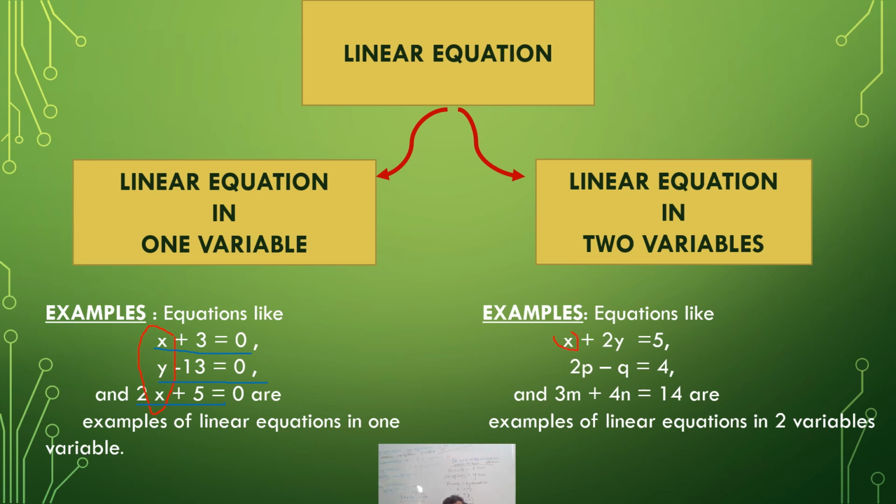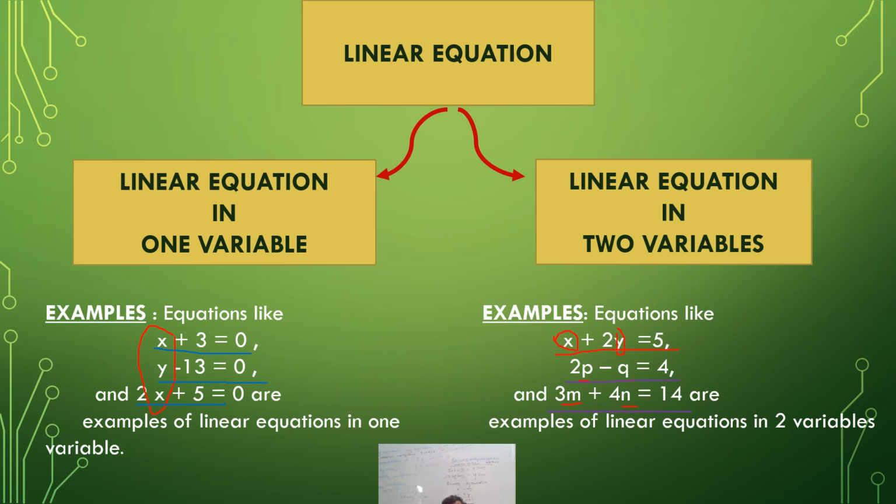Here, x is one variable and y is another variable. p is one variable, q is one variable, m is one variable, n is one variable. Each of these is an equation with two variables.